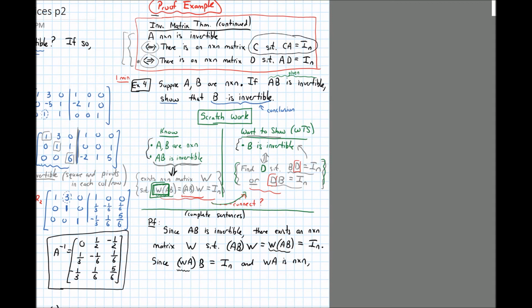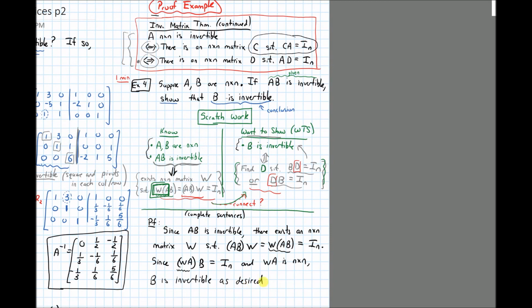Okay. So I can say that B is invertible at this point, and that is what I wanted to show. So I'll write something like "as desired."